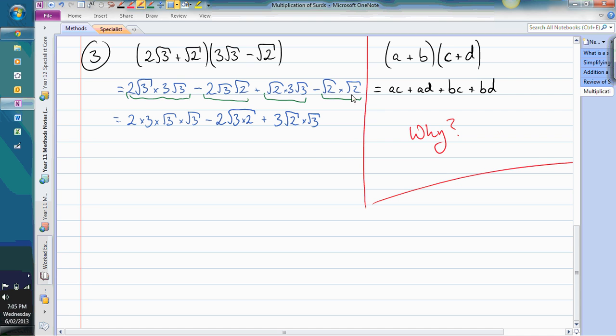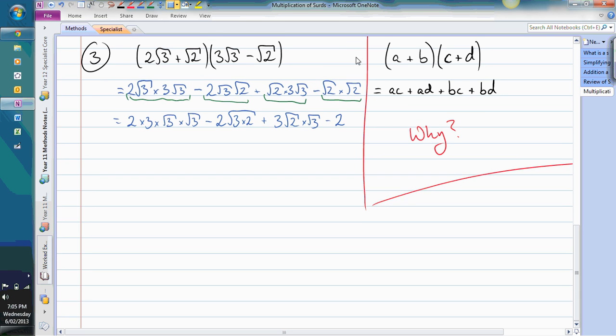And finally, square root of 2 times square root of 2. Hopefully we're getting good enough at these that we can see that that's just going to be 2, because square root of 2 times square root of 2 is square root of 2 squared, and that's just equal to 2. So that's what I've got here.